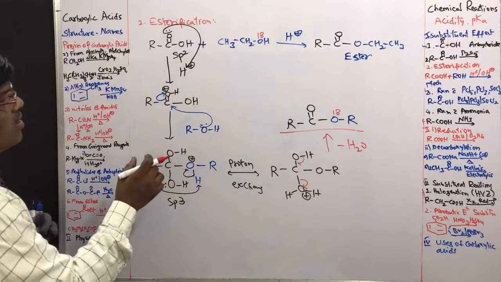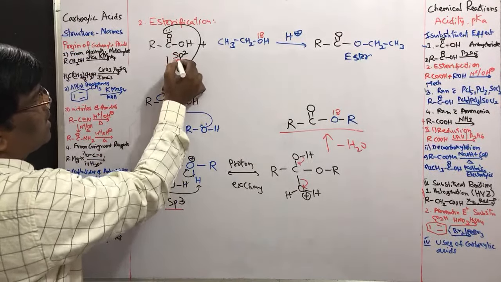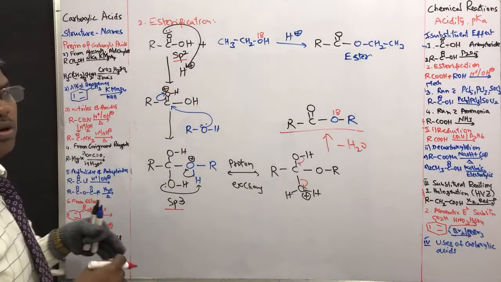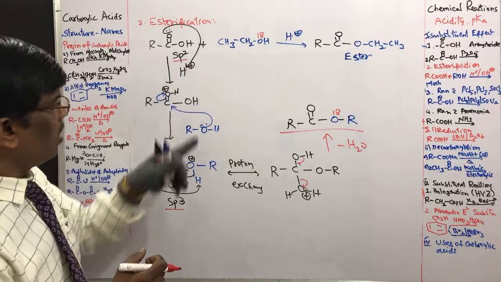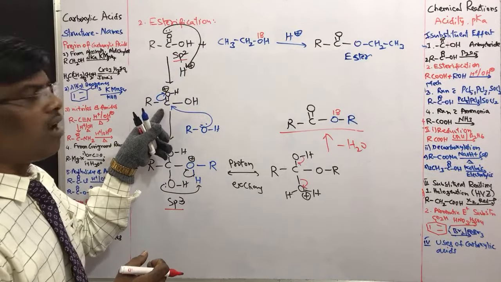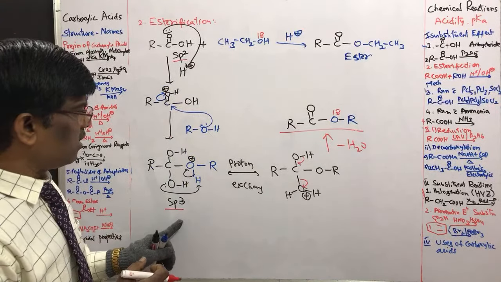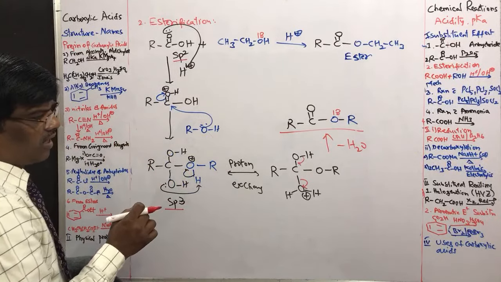Right, students? So when you see the hybridization of this carboxylic acid, sp2, it easily forms sp3 hybridization to get out of strain. So it easily takes up proton to form this oxonium ion. The oxonium ion takes up this alcohol oxygen to give this intermediate where proton exchange occurs.